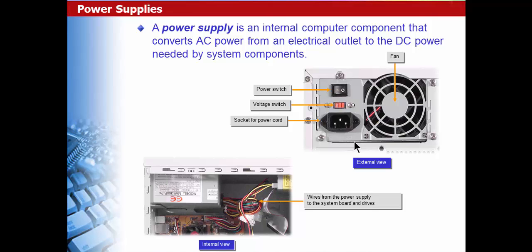The power in our house is AC power, which is not efficient or useful for the components inside the computer system, so they need to be given power in the form of DC. That's the duty of the SMPS, also known as the power supply unit, to convert the AC power from the mains into DC. If you want a processor which needs 9 volts, or a RAM which needs 10 volts, it converts into DC and gives whatever power is required for the devices to run. So that's the duty of the SMPS.